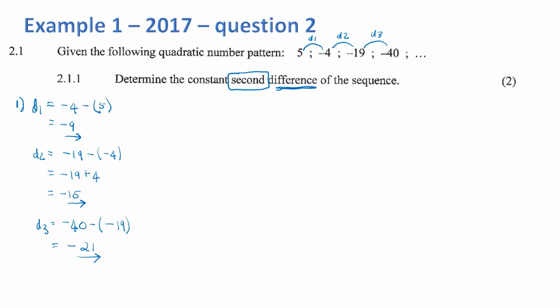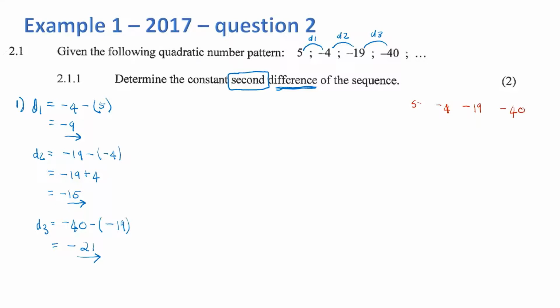Okay, if we can draw that more concretely so that you get a clear picture of what's going on. At the top level we've got 5, minus 4, minus 19 and minus 40.